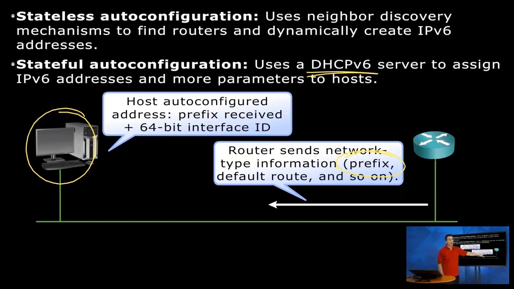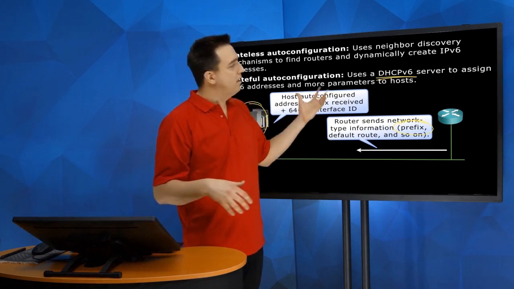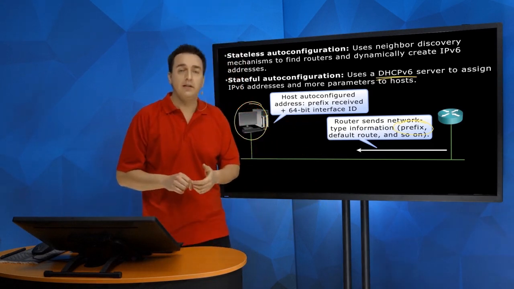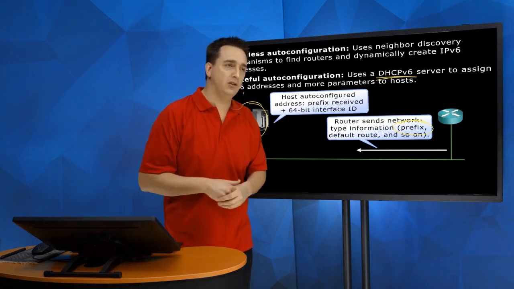Now, if there's no router connected to that network that's providing the stateless auto configuration mechanism through router advertisements, then after a moment of waiting, it eventually says, all right, I'm going to go try and find a DHCP v6 server. So it sends out what is known as a DHCP solicit message to find a DHCP v6 server, which is similar to the DHCP discover message of IPv4, but now it's using multicast instead of broadcasting, and it's called a DHCP solicit message instead.